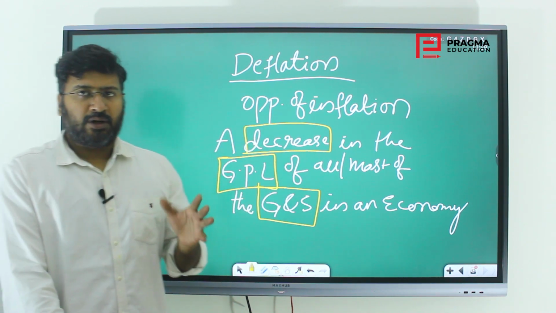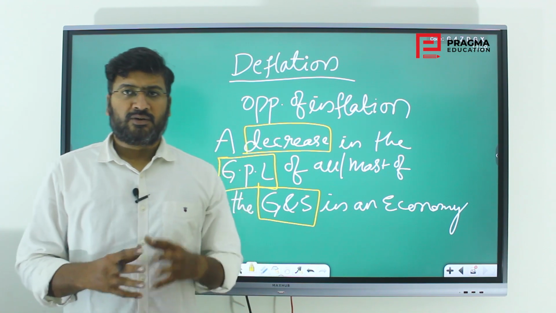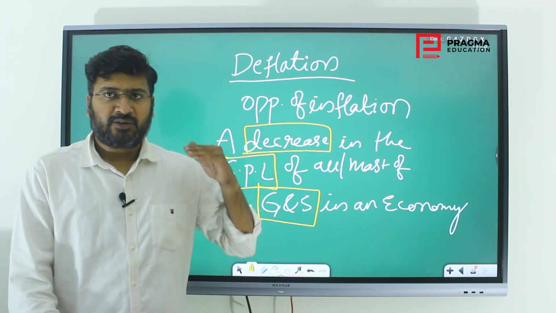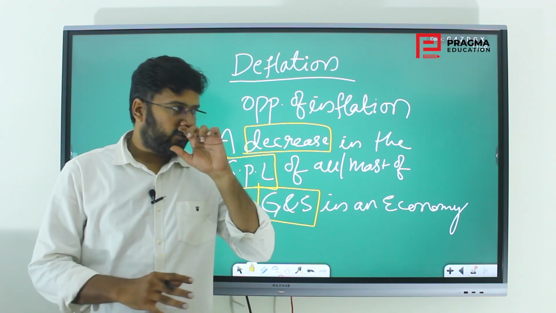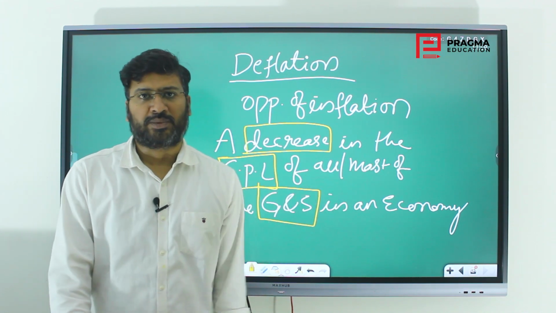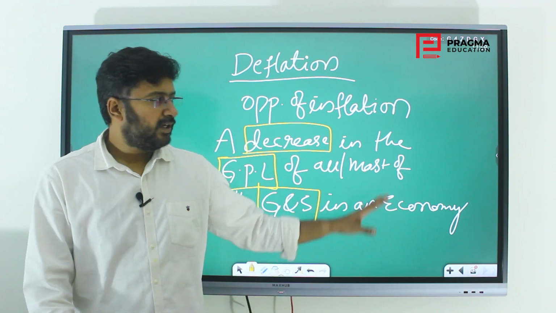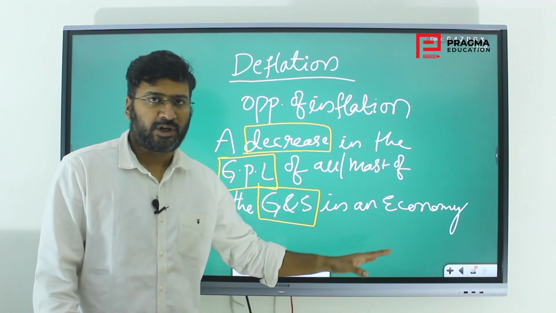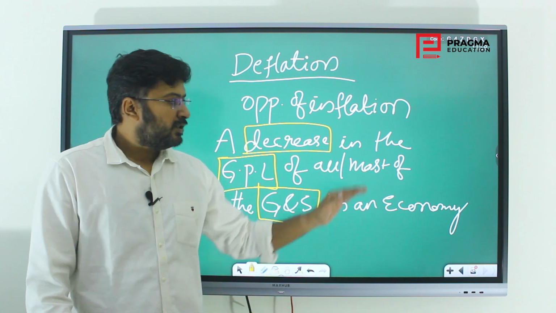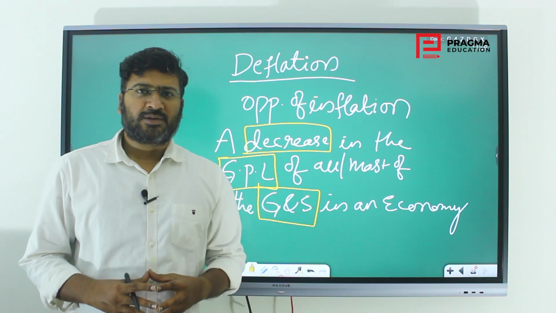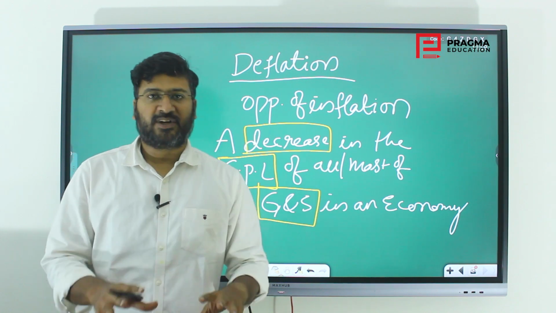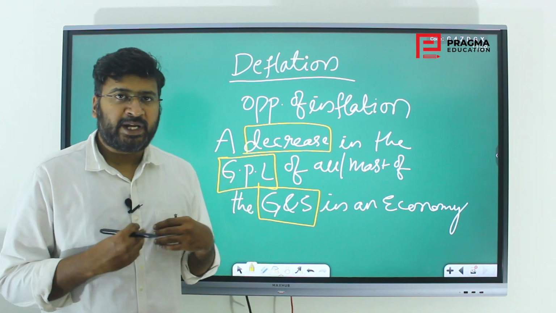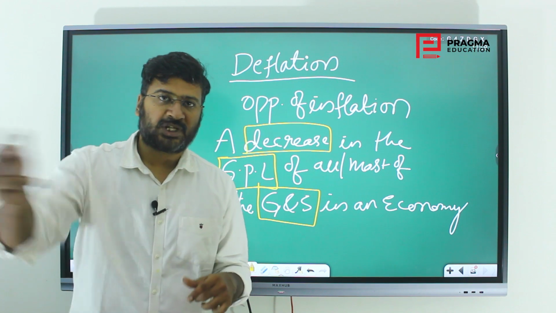So there is a general phenomenon. When we see the prices falling down, then we should see the demand going up. For example, if an iPhone was costing 60,000 rupees, I'd be thinking twice about it. If it had come down to 40, 50, 30, I should be ready to buy 2 iPhones. But it doesn't happen in deflation. What happens in deflation is, I will expect my money to have more purchasing power in the future than now.